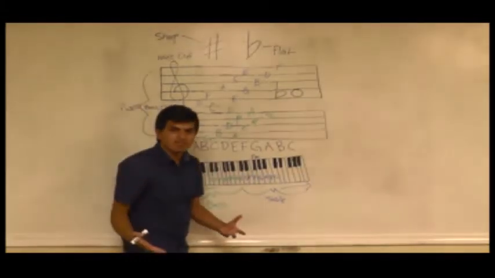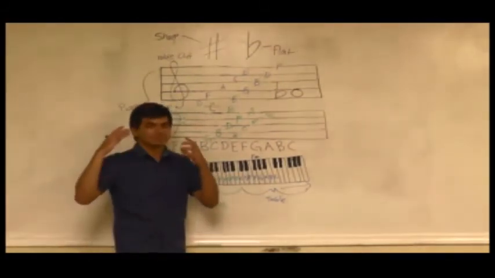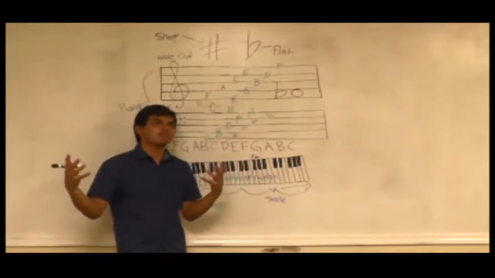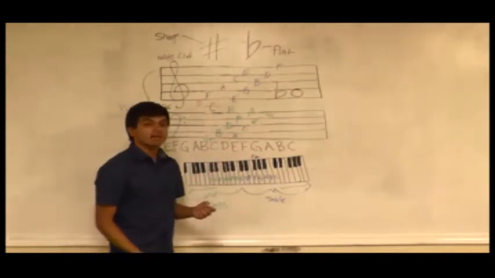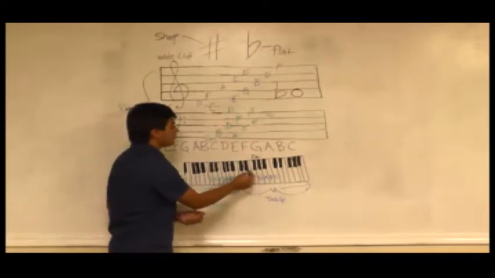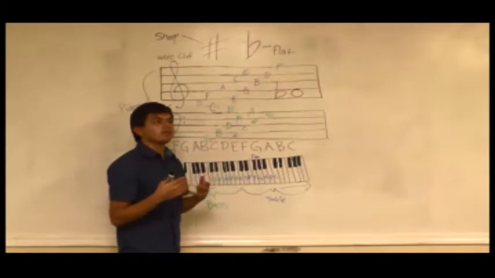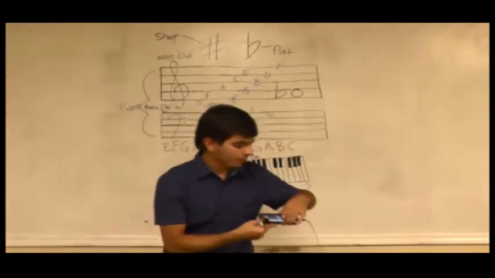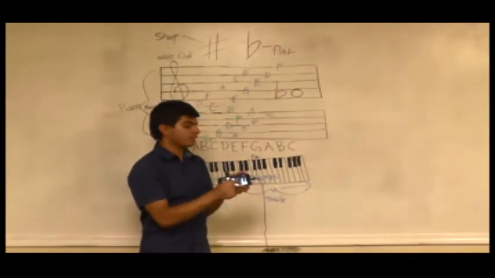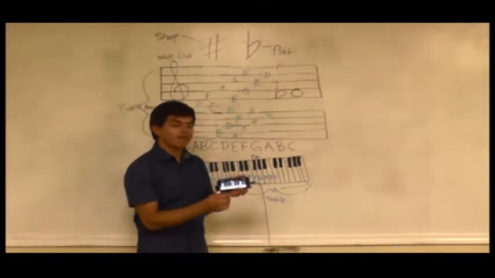Now wait, it's another white key though. It's not a black key. This is kind of where minds get blown. So an F flat moves down to the same key an E would be in, and obviously, it would sound the same. An E sounds like this. And an E or an F flat sounds the same way.